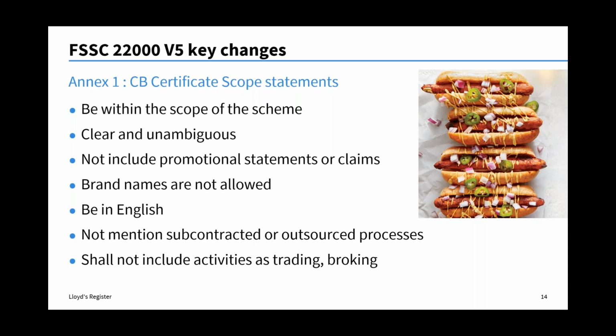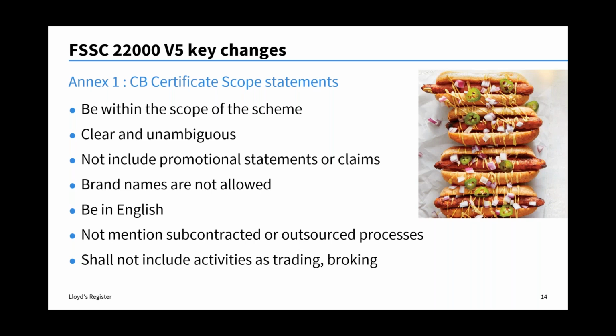Brand names are not allowed as this might suggest product certification. The scope statement should be in English, but other languages can be added along with the English scope. It should not mention any subcontracted or outsourced processes which are outside the organization's legal responsibility.